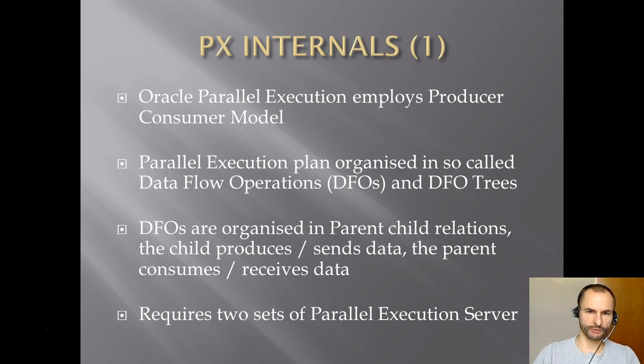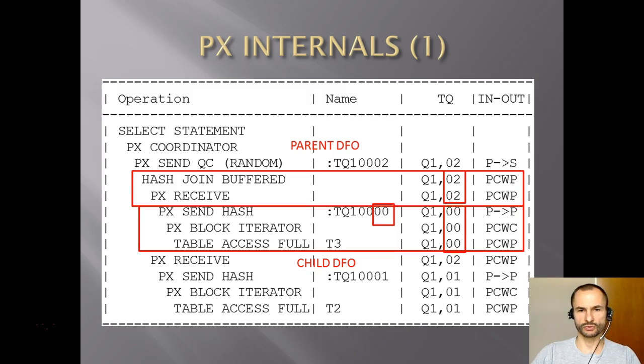So, and of course, this producer-consumer model also requires these two parallel execution slave sets so that they can talk to each other. So if we now return to our parallel execution plan, what exactly does this mean and how can you read this?